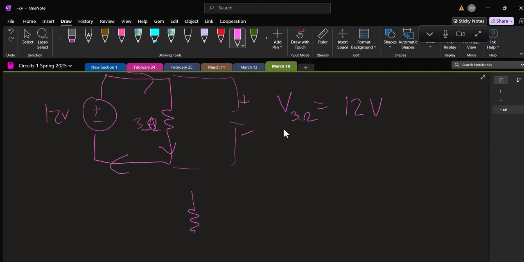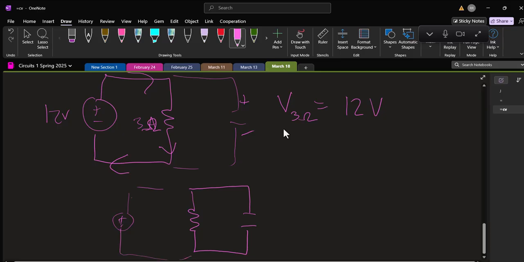After the switch, this part of the circuit is open. So it's over here, but it's not doing anything. But this was charged up to 12 volts. So when you throw that switch, this thing acts like a little 12-volt battery, and it's going to drive a current through the 3 ohm resistor.